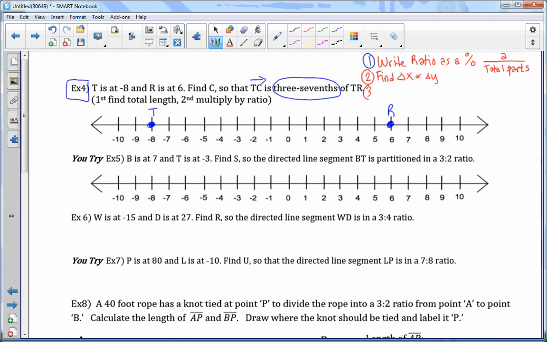Step 3. Once you know that change, you're going to multiply the change of x, and or, depending if it's one-dimensional or two-dimensional, the change of y by the percentage you found in number 1.